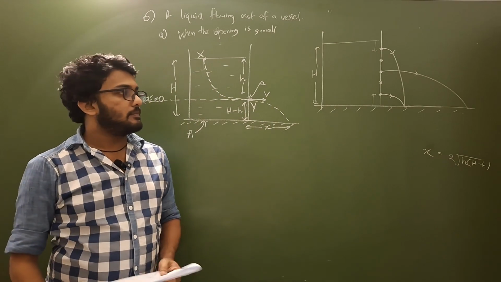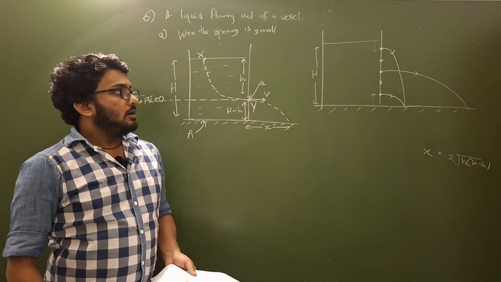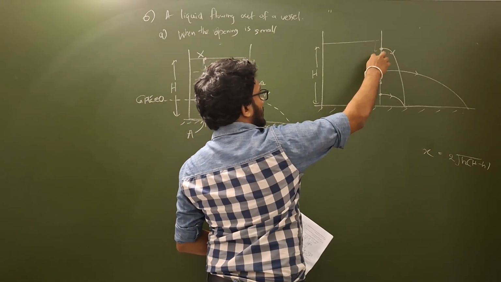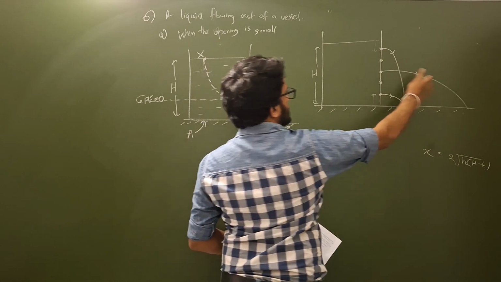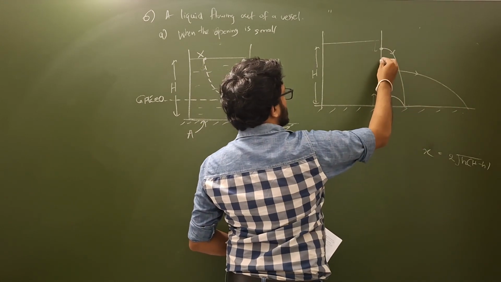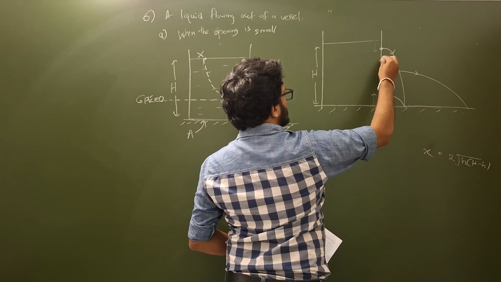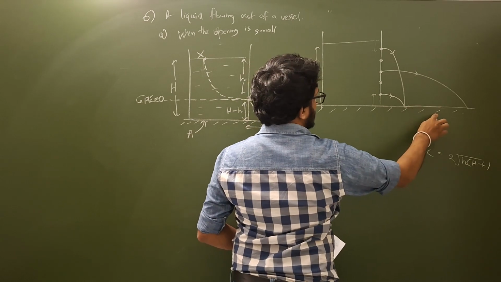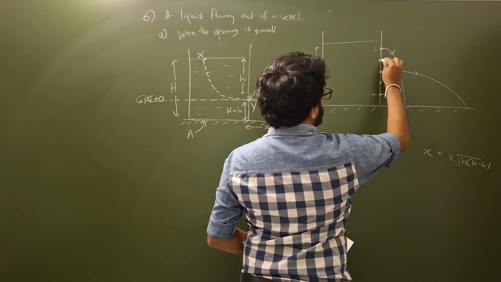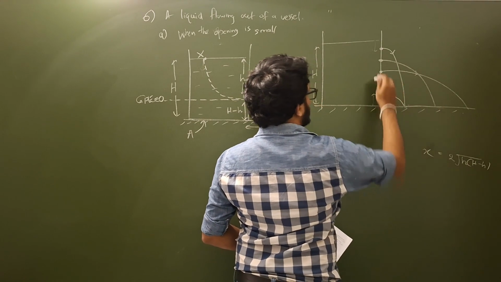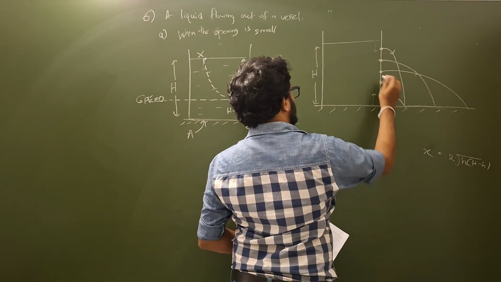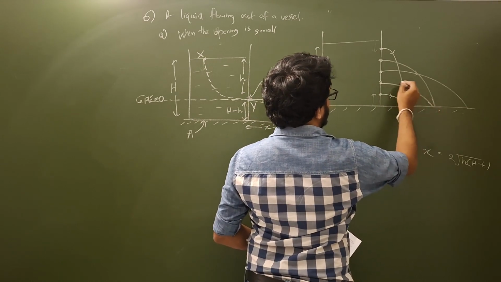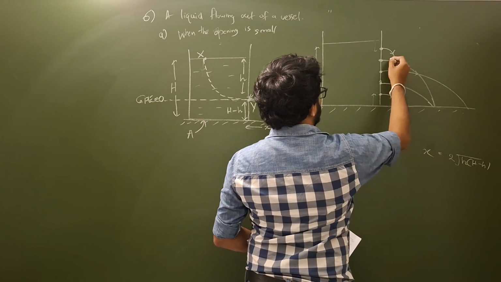So when we are going downwards to this midpoint, we get the highest range, which means this point somewhere here should also have a range to this place. So equal distance above from the bottom of the vessel should also fall to the same place. So it will be like this.